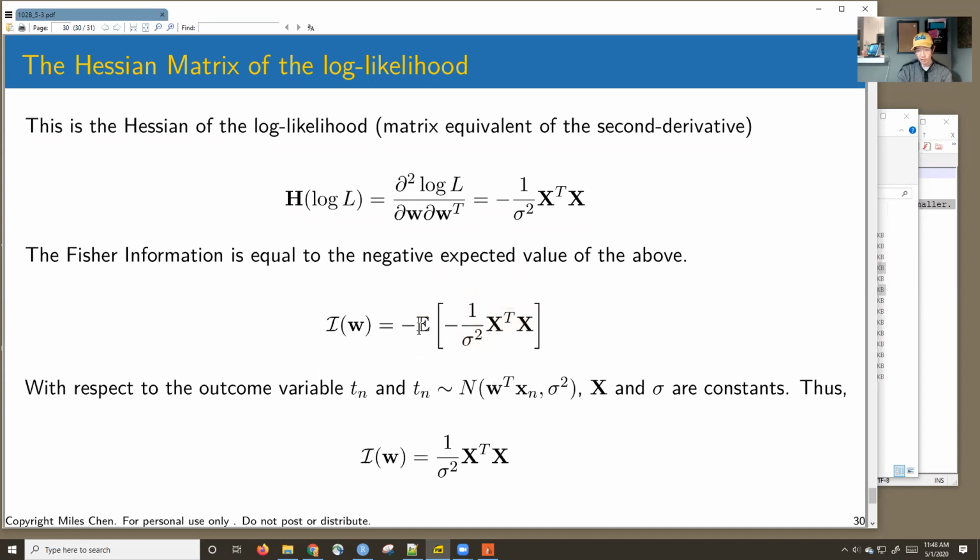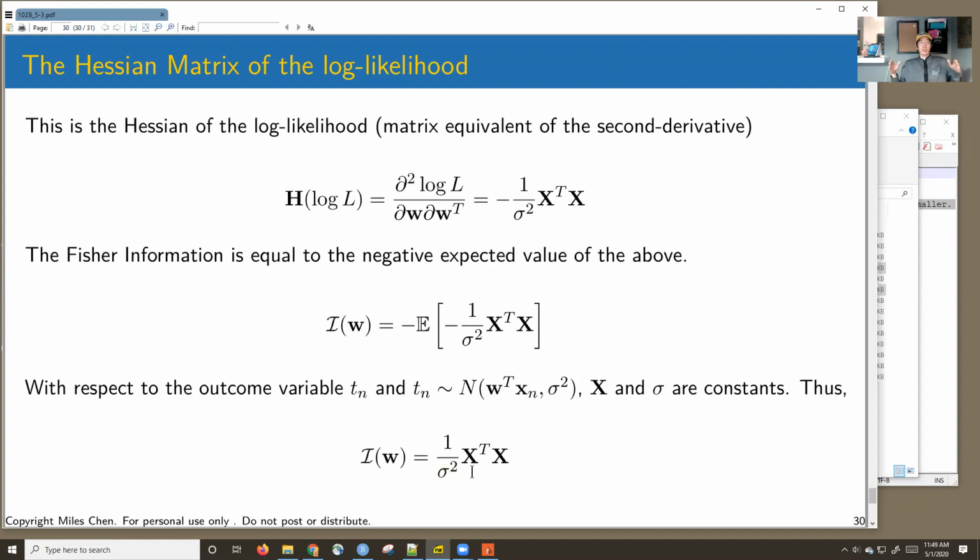So the negative expectation of this constant is just 1 over sigma squared x transpose x. This is the information that our data provides about the unknown parameters w.